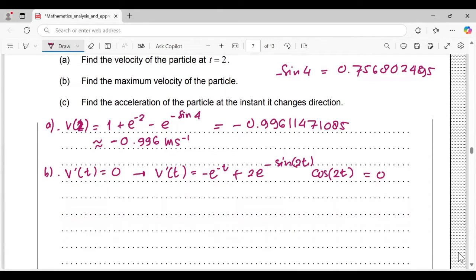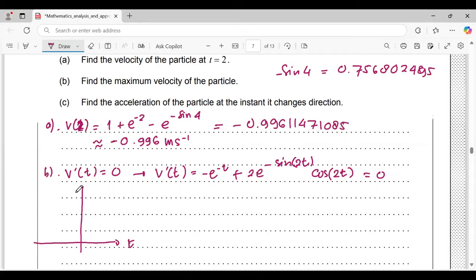Now we are going to find t. If the derivative equals 0, you have to find t and substitute t into this function. On my calculator, I have sketched this graph to find t.